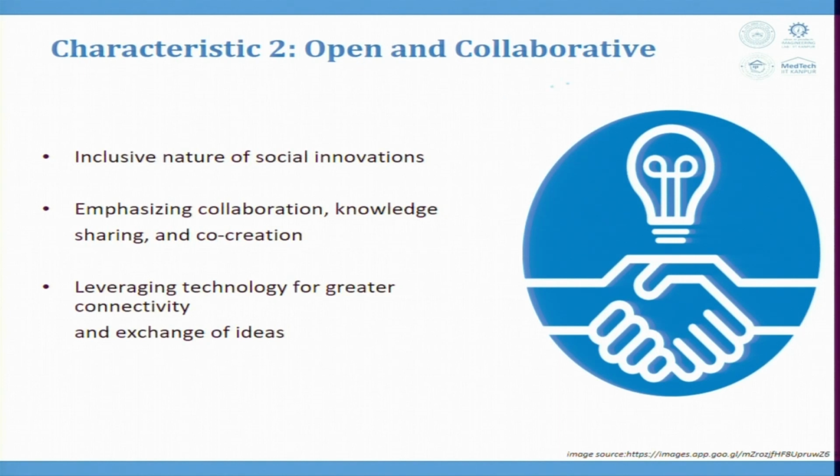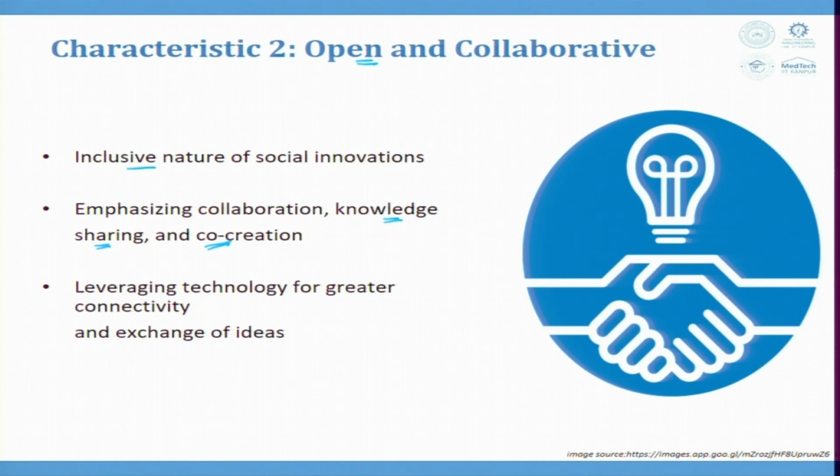The open and collaborative nature is nothing but inclusive of social innovation, emphasizing collaboration, knowledge sharing and co-creation is very important. If you have an open mind, then co-creation and knowledge sharing is very, very easy. What I have as information, I share it with you, then you start your journey from the shared location to the next level. So, emphasizing collaboration, knowledge sharing and co-creation.